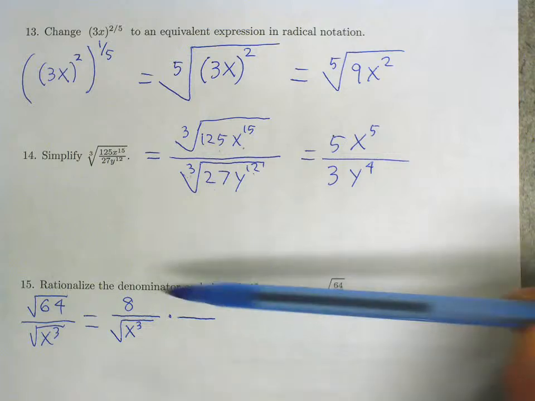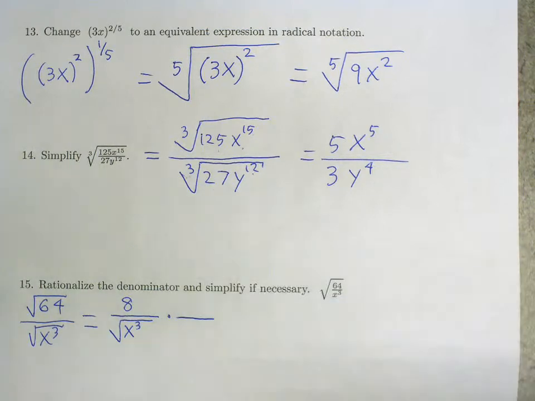And the idea is if we multiply something by 1, we're not changing its value. Okay, so as the question that was asked a few seconds ago, what would I have to multiply x to the third by to get a perfect square? Well, the least thing would be to multiply x to the third times x. X to the third times x is x to the fourth, and x to the fourth is a perfect square.